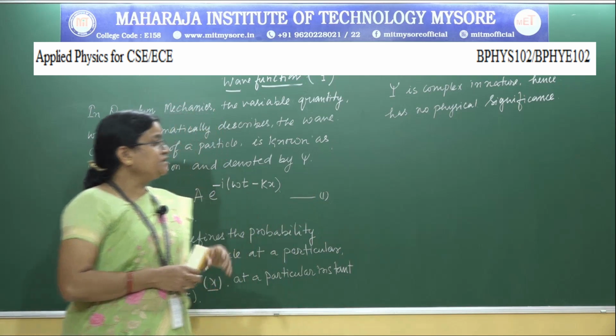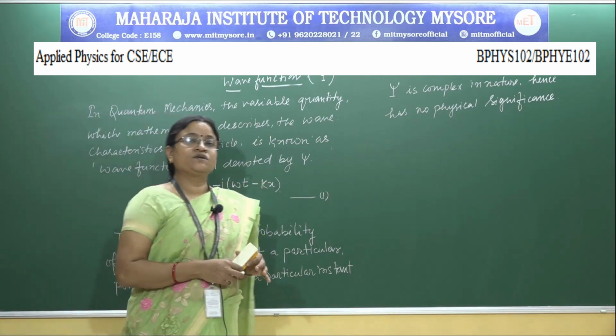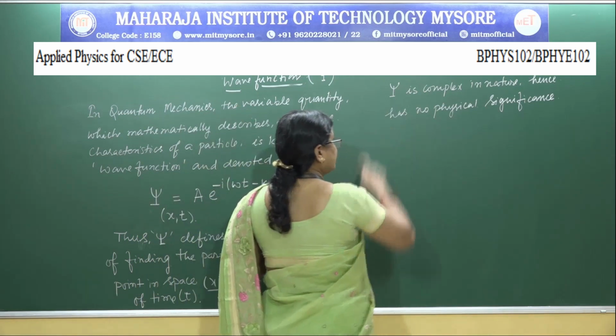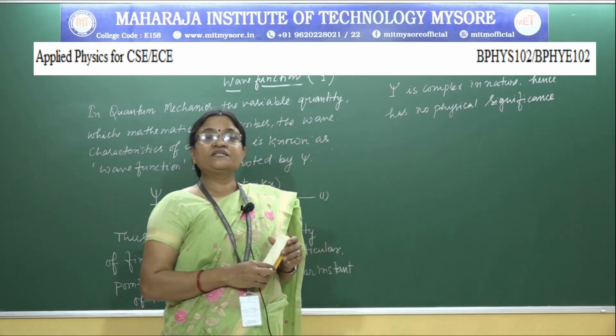So then how can we extract the value? What we have to do is multiply psi by its complex conjugate.